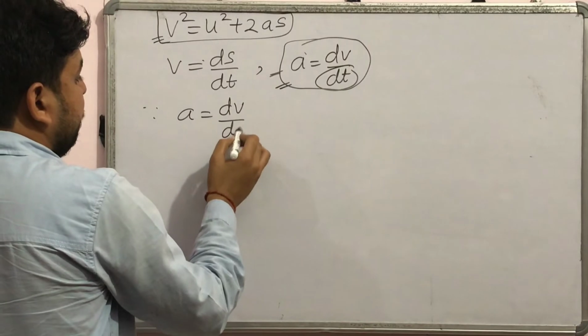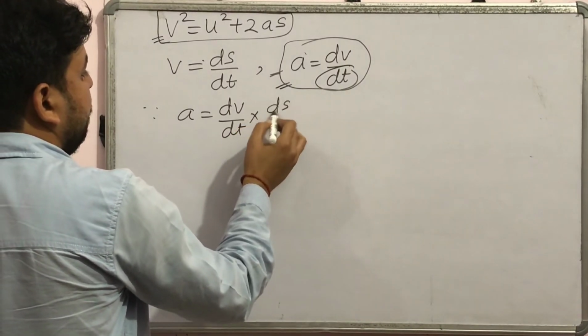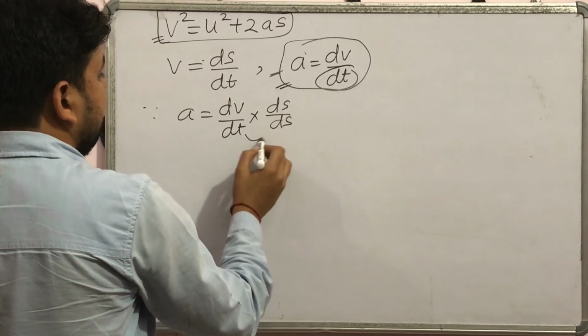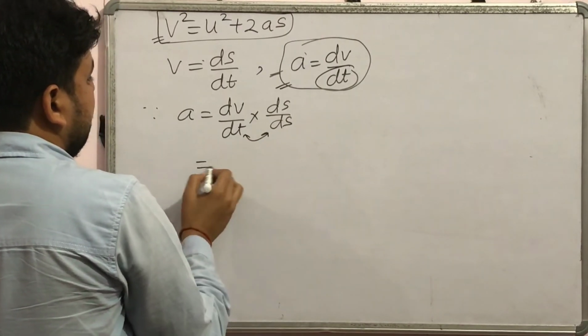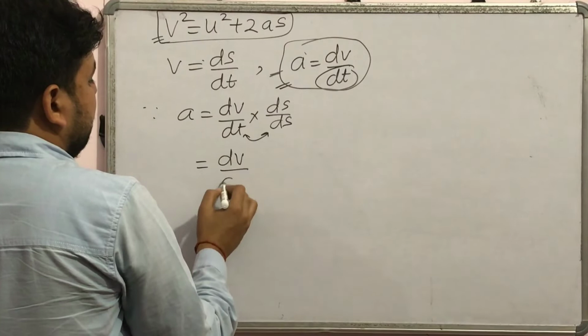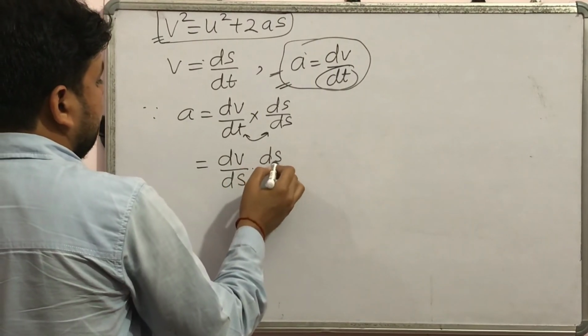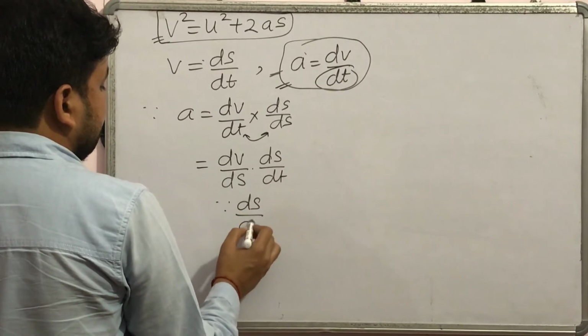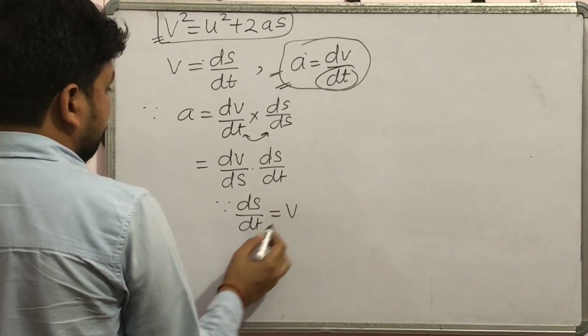That is, we will take a equals to dv over dt, now multiplying and dividing by ds over ds and shifting it. We will get dv over ds, ds over dt. And ds over dt is what? This one is velocity.